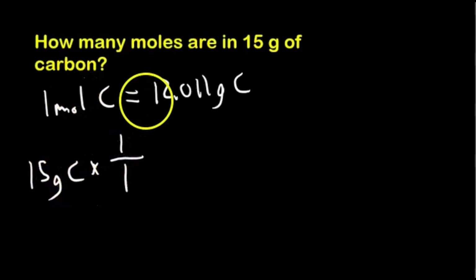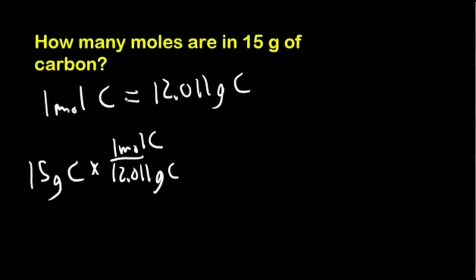So since these are the same, this mole and gram conversion, we can write this as 1 mole of C divided by 12.011 grams of C. And by multiplying this 15 grams by this fraction, we're not changing it per se. We're just changing the units because the numerator and the denominator are essentially equivalent.